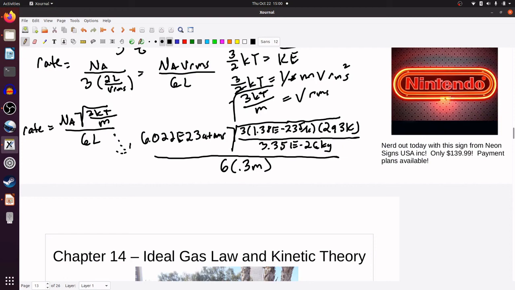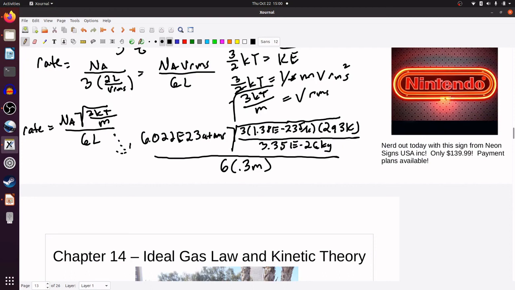3 times 1.38 times 10 to the negative 23rd times 293. And then I divide that by 3.35 times 10 to the negative 26. Okay. And then I take the square root of that. Oh, that would have been a bad thing. And then I multiply that by 6.022 times 10 to the 23rd.